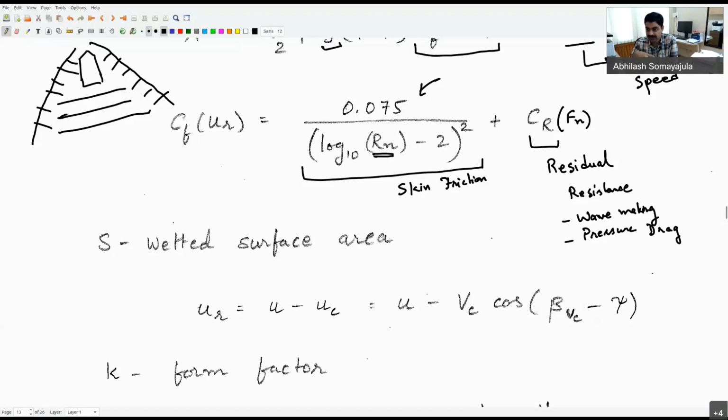Still there will be these waves which are getting generated, even though I'm not seeing any oscillatory motion of the vessel. So those parts are called the wave making resistance. They really contribute to the resistance of the ship in the sense that they act to slow you down in the surge direction.